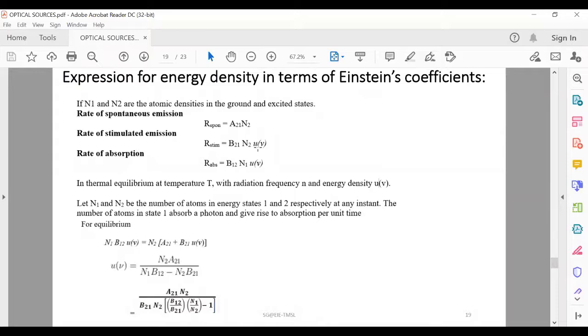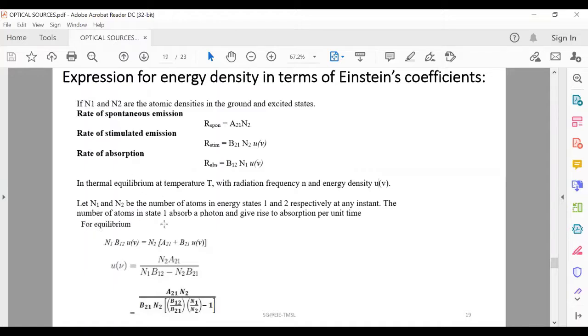Now in thermal equilibrium at temperature T with frequency nu and the energy density considered as U nu, let N1 and N2 be the number of atoms in energy state 1 and energy state 2 respectively at any instant of time, and the number of atoms in state 1 absorbs a photon and gives rise to absorption per unit time.